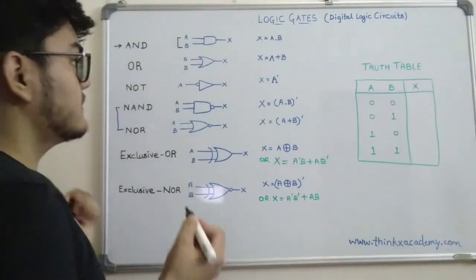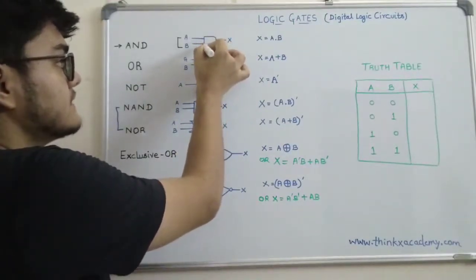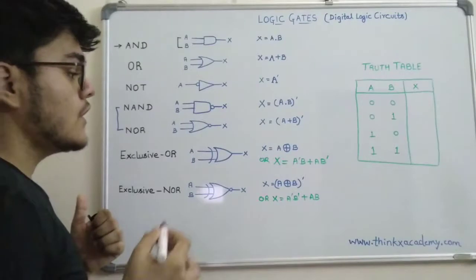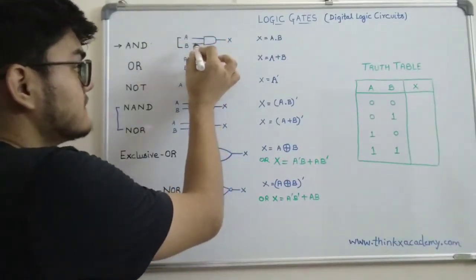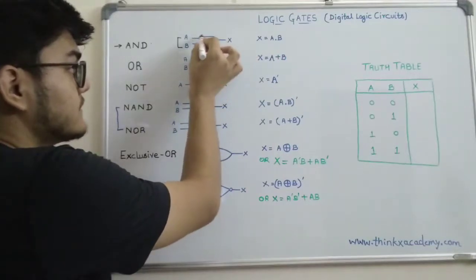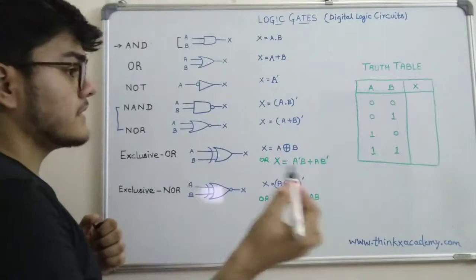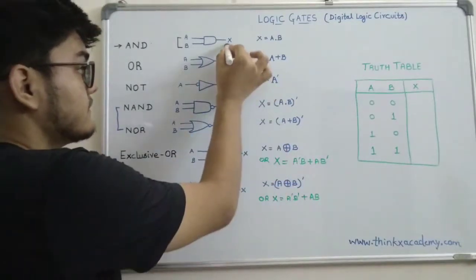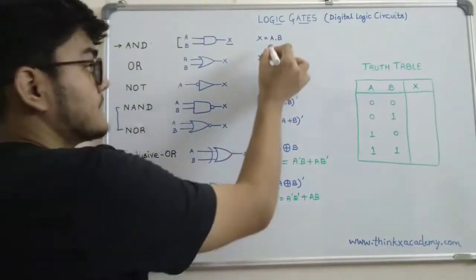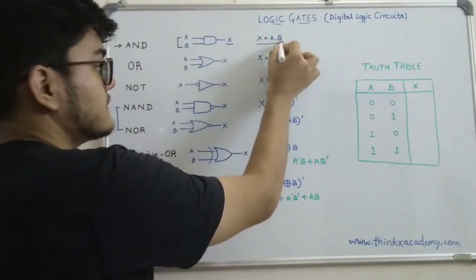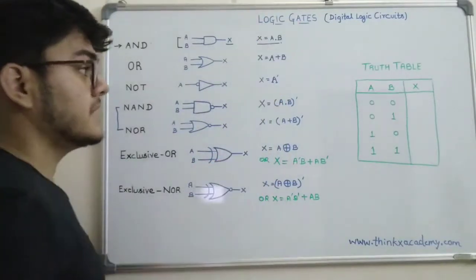We give two input signals to the AND logic gate, and when these two signals pass through it, it gives some output or result, which is known as X. Algebraically you can write X equals A dot B.